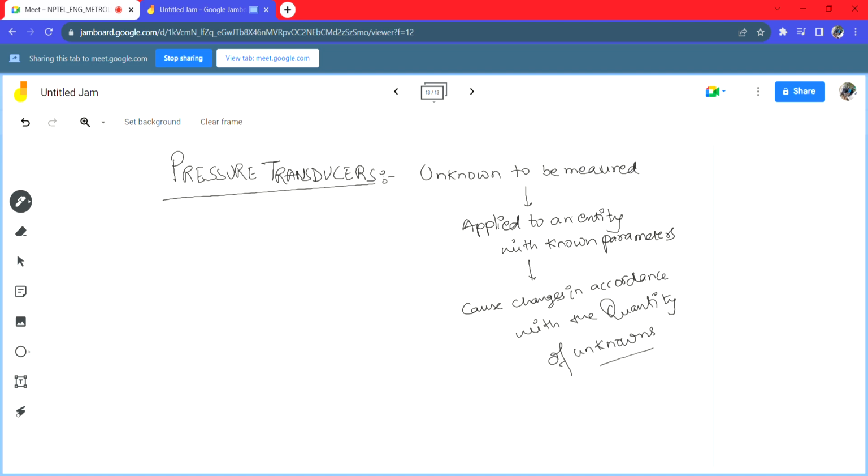Now, what I'm trying to say here is, when you design any transducer based system and you have to do any kind of measurement, be it temperature measurement, be it pressure measurement, be it volume measurement, whatever it is, there is this closed box with known values, and there is this input that is unknown.